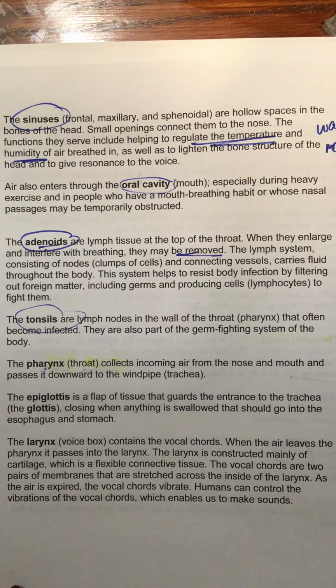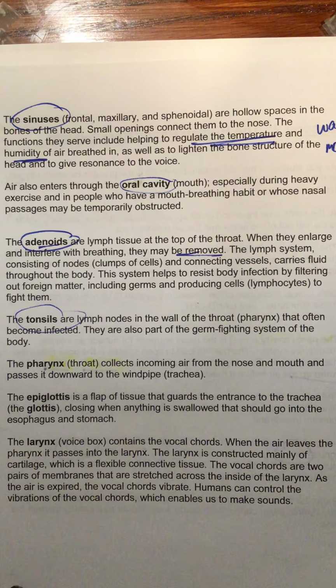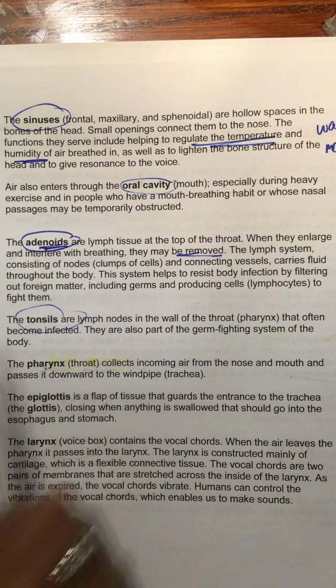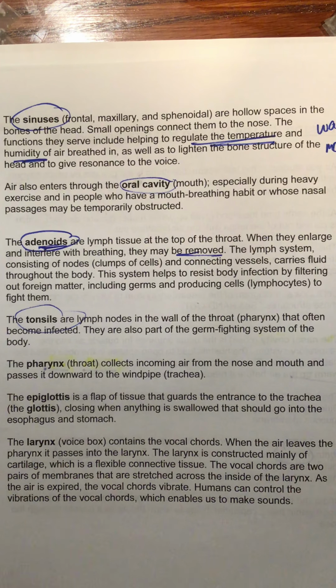So the lymph system, consisting of nodes and connecting vessels, carries fluid throughout the body. The adenoids help to resist body infection by filtering out the foreign matter, including germs, and the lymphocytes fight them. So those particles that infect us, like the bacteria and the viruses, can sometimes be collected in the adenoids instead of getting into the lungs.